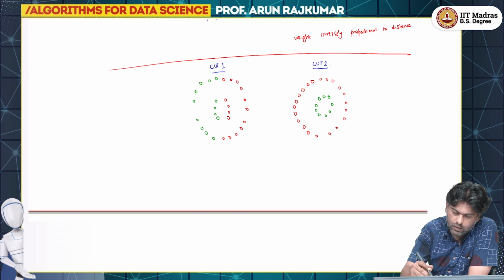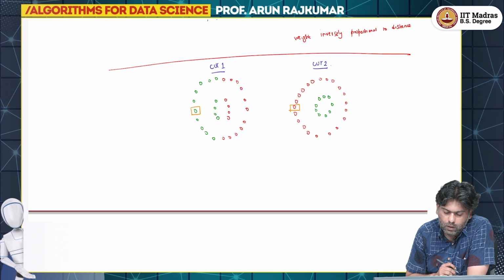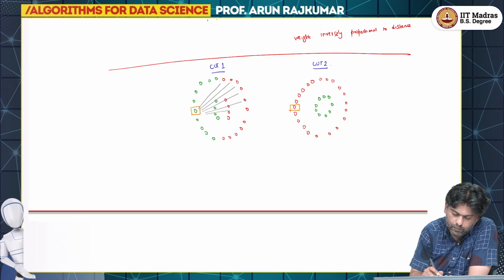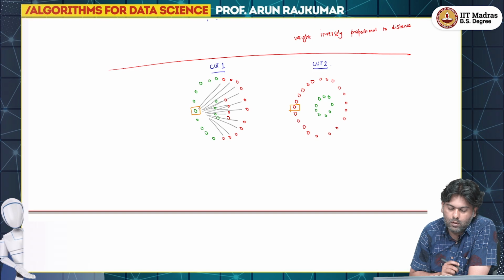Let me use a different color. I'll take the corresponding node here as well. Now I want to measure the sum of the weights, how much this node contributes to my cut, and that is just the weights to all the red guys. Similarly, this red guy is going to be measured with respect to all the green guys.